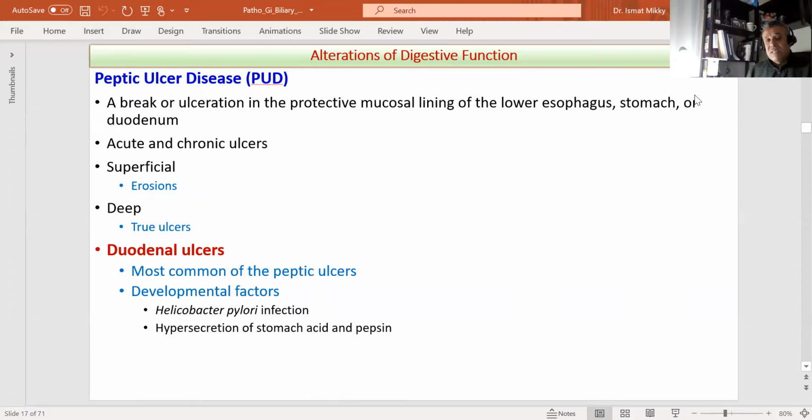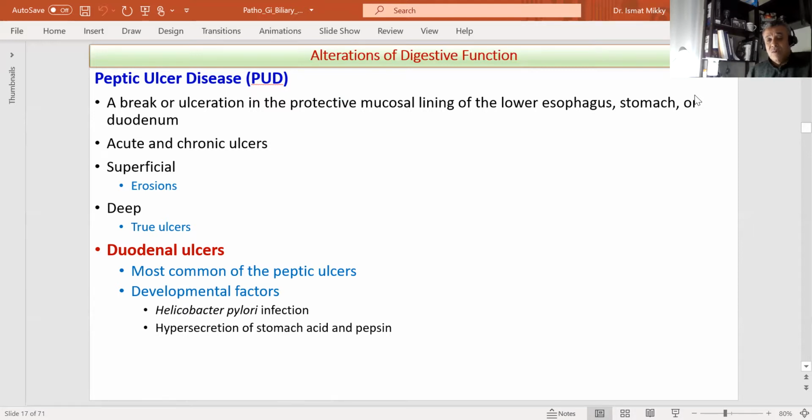So the factors we said that may lead to this, which is included in the previous slide, like the NSAIDs, for example, because the NSAIDs will lead to decreased mucosal synthesis of the prostaglandins.